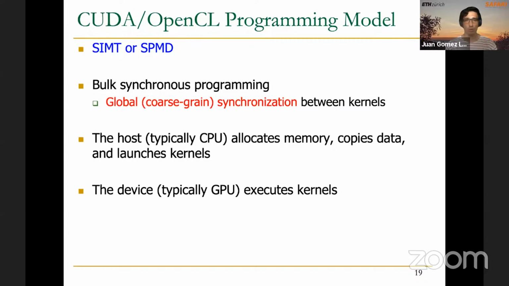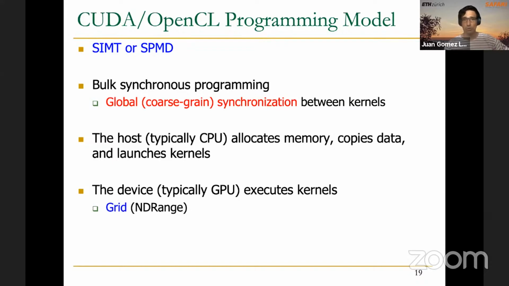We have other devices like DSPs. We have GPUs from different vendors for sure. Some time ago, we even had Intel Phi many core processors that were also programmable using OpenCL. And even the CPU, you can program it using OpenCL. So in an OpenCL program, you can have the host being a CPU and the device being the same CPU as well, just to give you an example. And how is the computation organized?